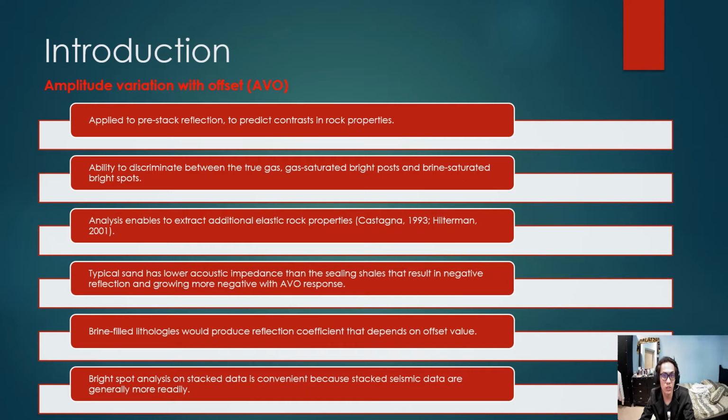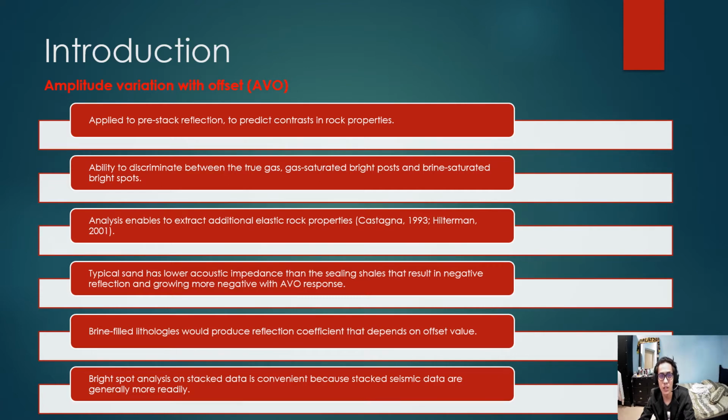I will talk about the introduction of amplitude variation with offset (AVO). So variation of seismic reflection amplitudes with offset (AVO), or alternatively reflection angle of incidence (AVA), are applied to pre-stack reflection observations, where it develops a way to use this information to predict contrast in rock properties at depth on a reflecting interface. Theoretically, AVO has the ability to discriminate between true gas-saturated bright spots and brine-saturated bright spots.